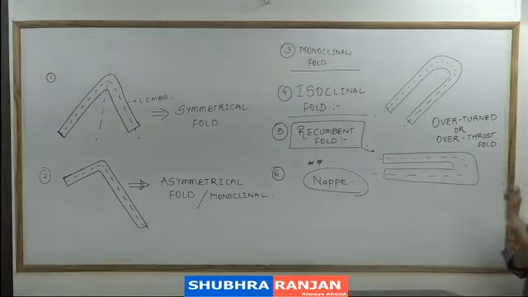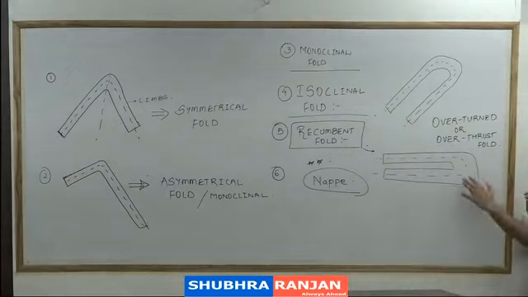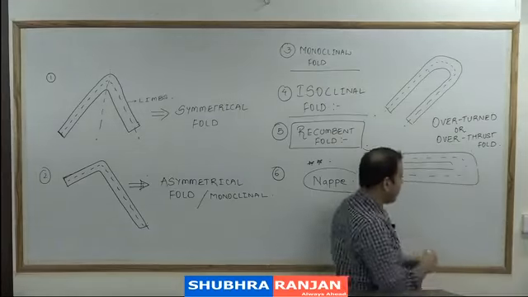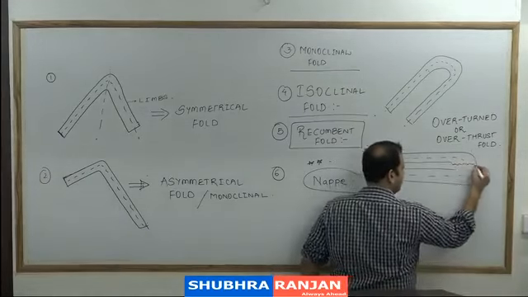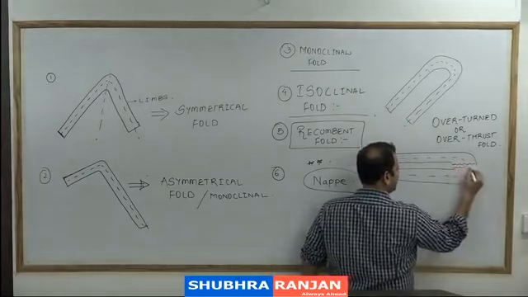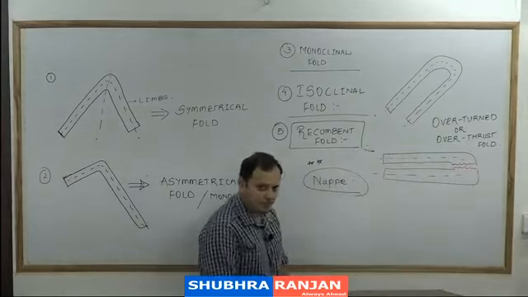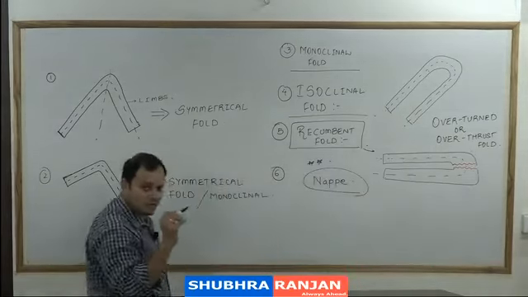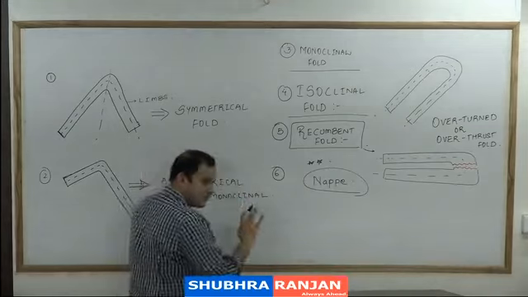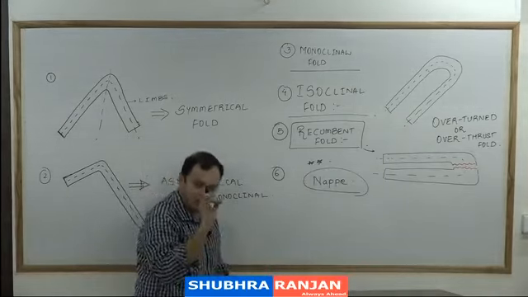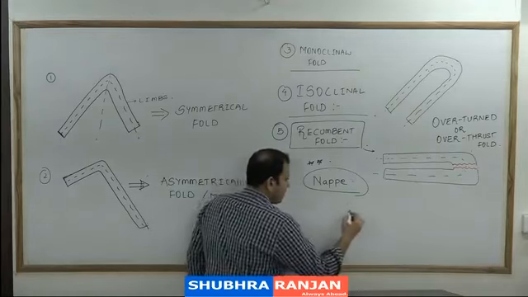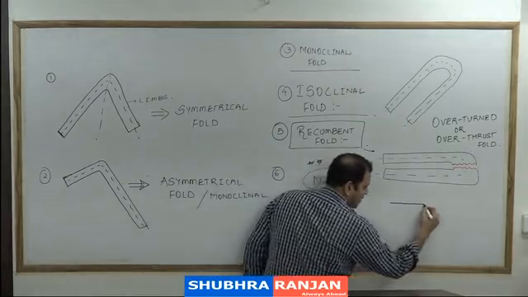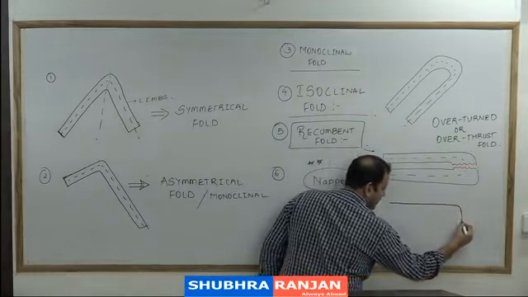So in some cases, the rocks are broken at this point. Now suppose this is one part where the rock is broken and this is the second part where the rock is broken. Now when the rock is broken, it is known as an overthrust fold. And after breaking, we have seen, but we do not know the reasons, that these two limbs are then displaced for several kilometers.